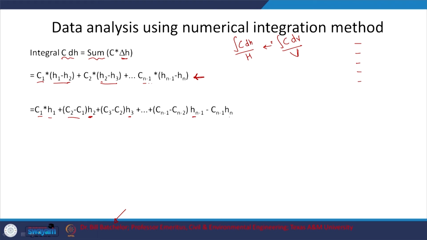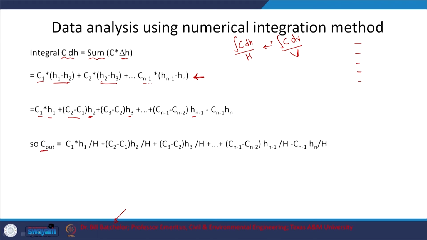So, C out will be equal to this, and this is nothing but integral of C dH. If I divide this by H, that is the effluent concentration. So, C out is equal to this divided by H, and that is what we saw earlier.